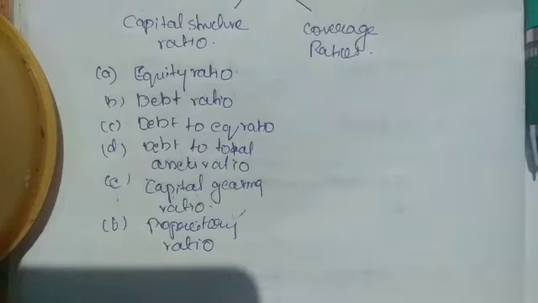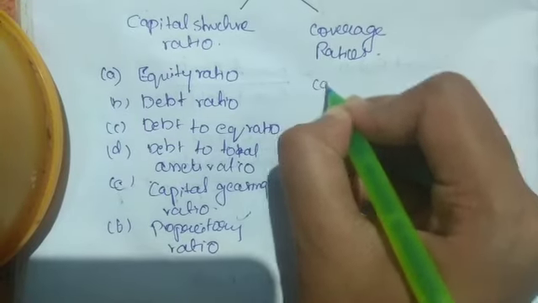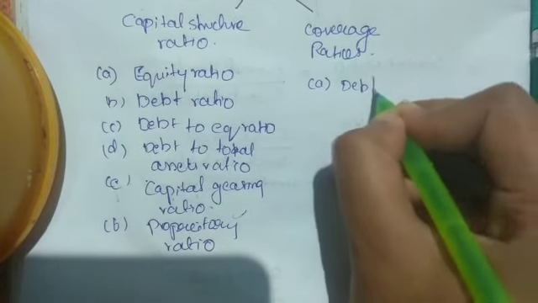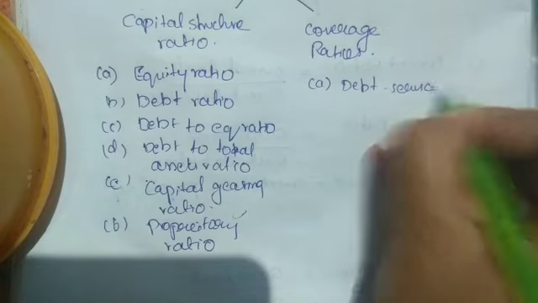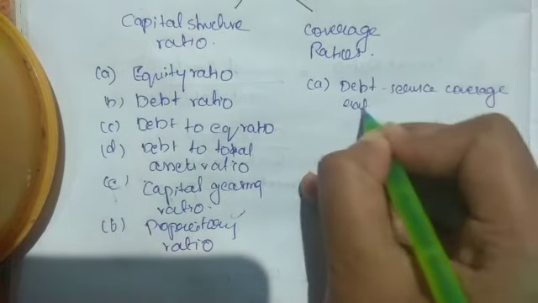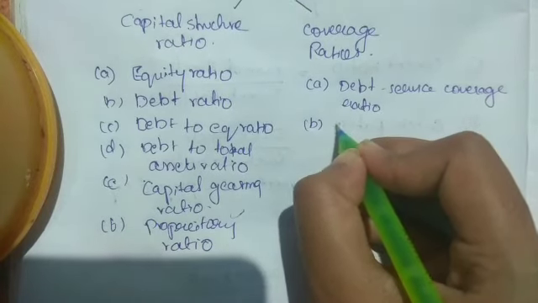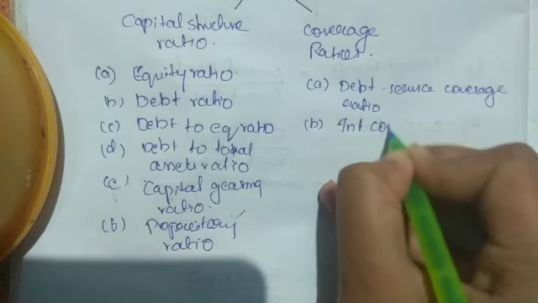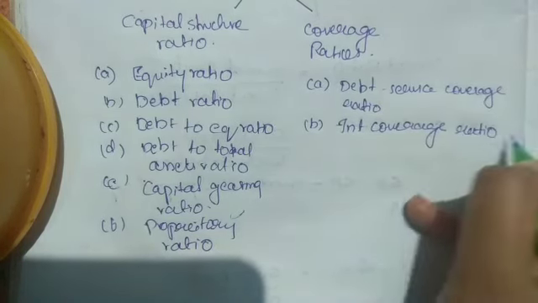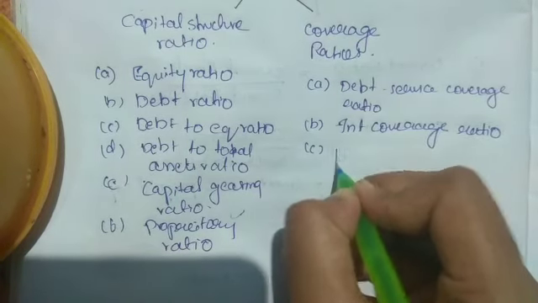Now coming to coverage ratios. There are 4 ratios under this. First is debt service coverage ratio. Second is interest coverage ratio. Third is preference dividend coverage ratio.